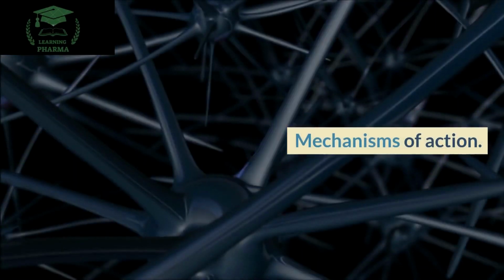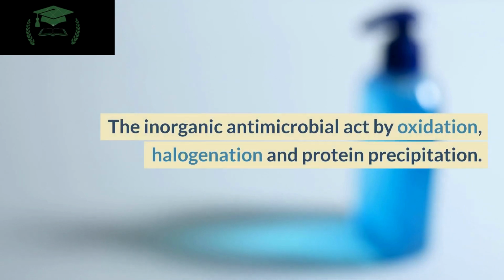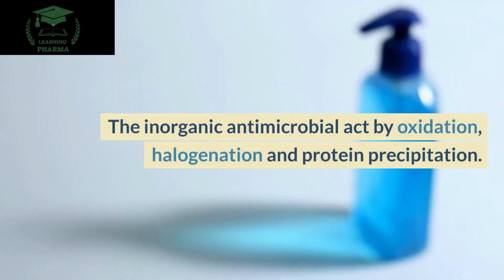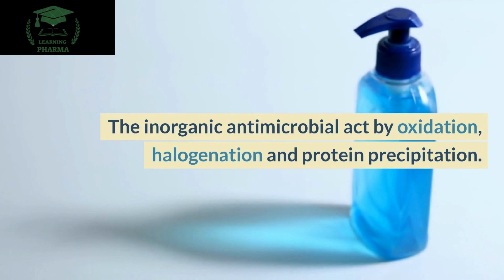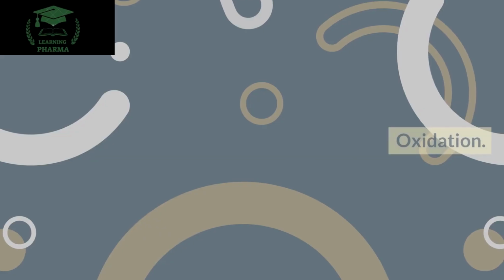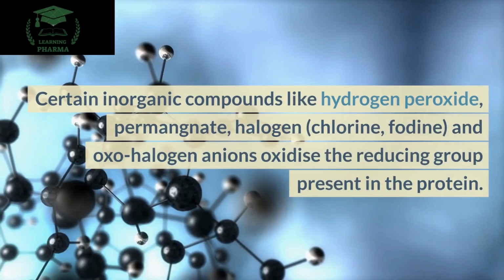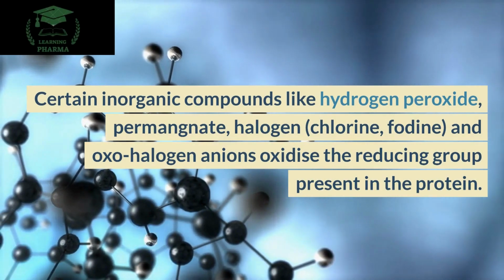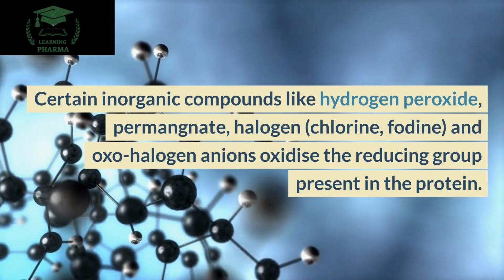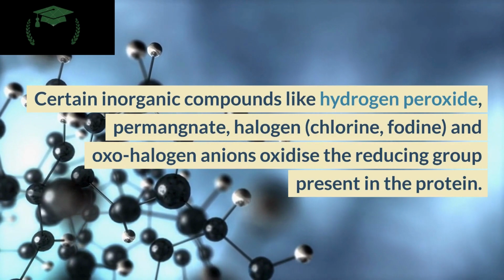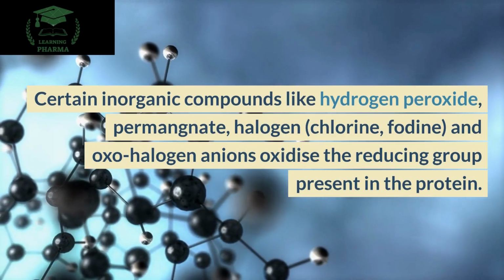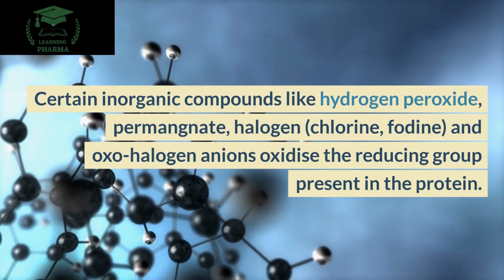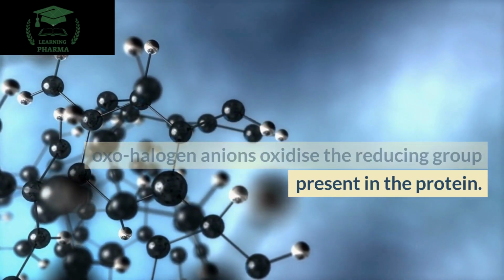Mechanisms of action. The inorganic antimicrobials act by oxidation, halogenation and protein precipitation. Oxidation. Certain inorganic compounds like hydrogen peroxide, permanganate, halogens, chlorine, iodine, and oxohalogen anions oxidize the reducing group present in the protein.